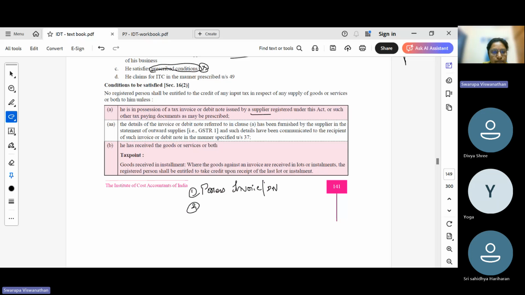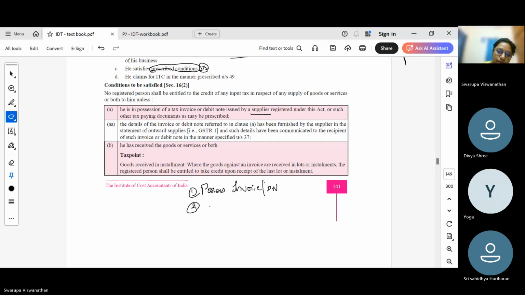Second condition, the details of this invoice or debit note are furnished by the supplier in the statement of outward supplies, and such details have been communicated to the recipient of the invoice in the manner specified under section 37.